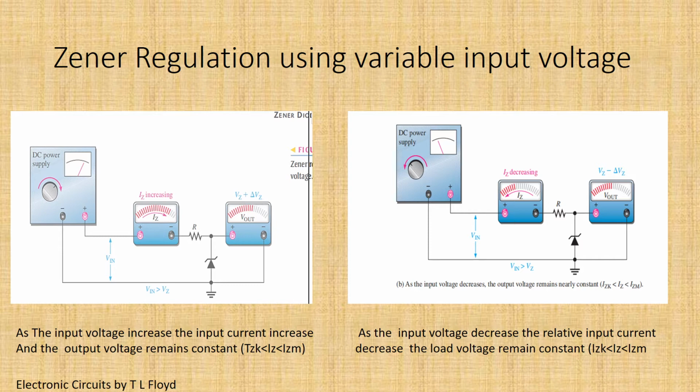The maximum current that can be obtained by varying the input voltage is IZM, and the minimum current that can be measured is IZ. As the input voltage decreases, the input current decreases, and the load voltage remains constant.